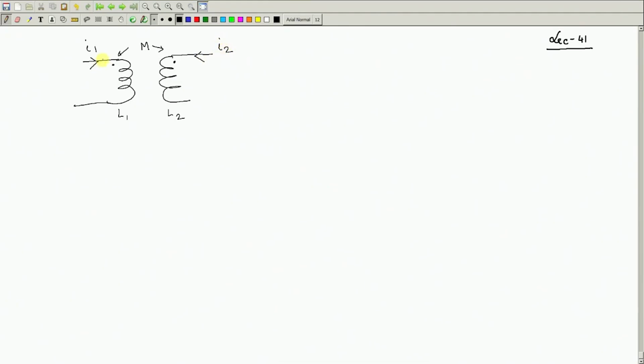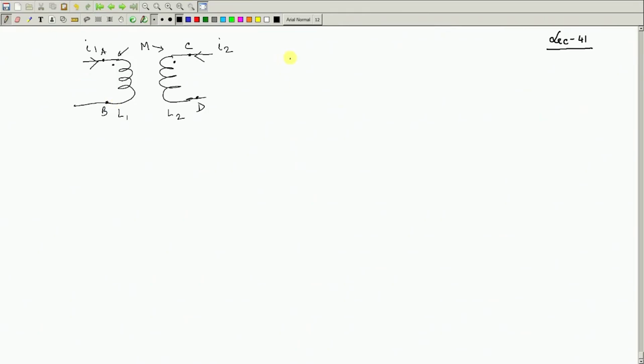I am essentially summarizing the thing in a compact form. Suppose these two terminals are A and B and these two terminals are C and D, and they are connected to some other parts of the network, and the currents are I1 and I2 respectively.